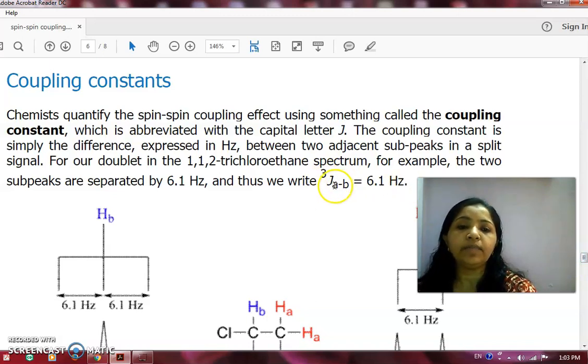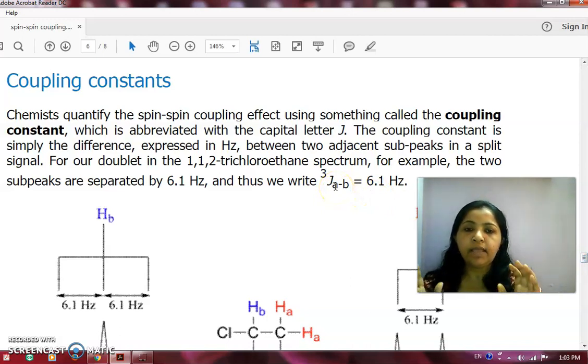We notate this as 3JAB. What is the meaning of AB? A is the parent nucleus, and B is the environment due to which it has been split. The 3 means they have a gap of 3 bonds.